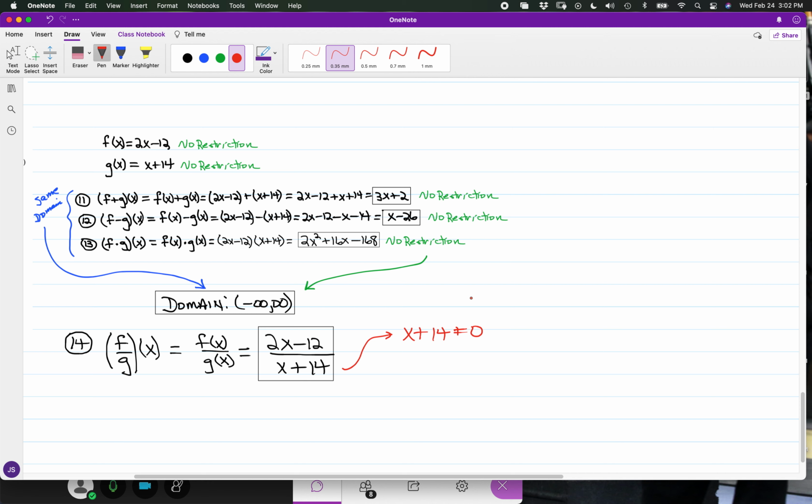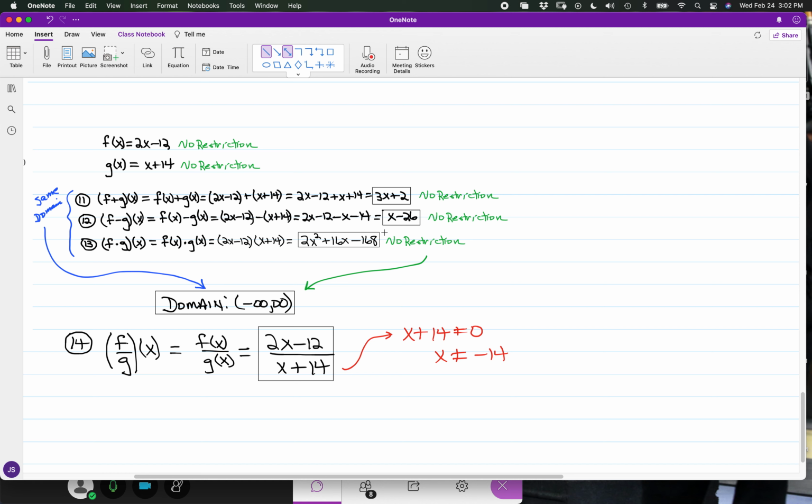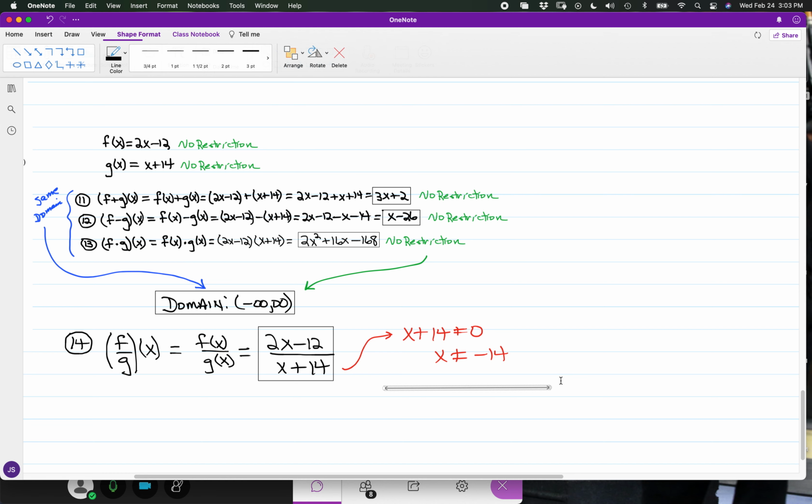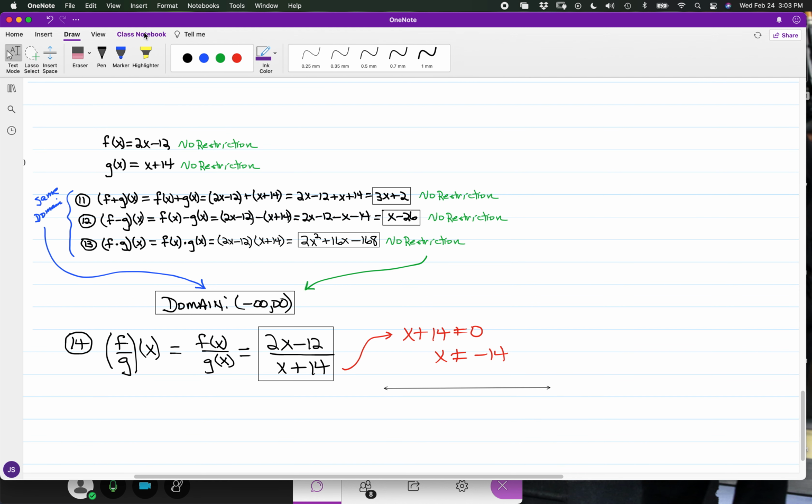So x plus 14 cannot be 0, so x cannot be equal to negative 14. Again, only negative 14 is excluded.